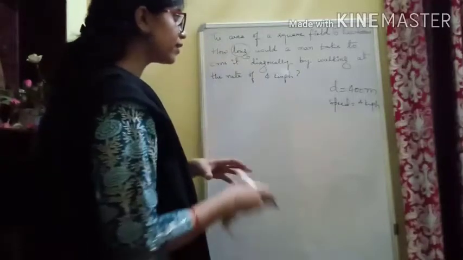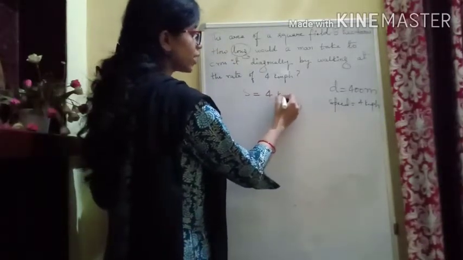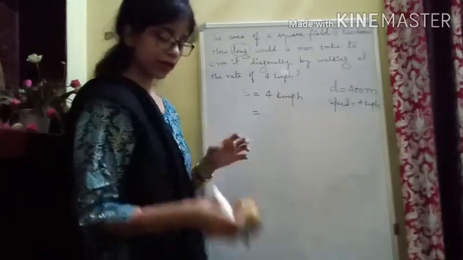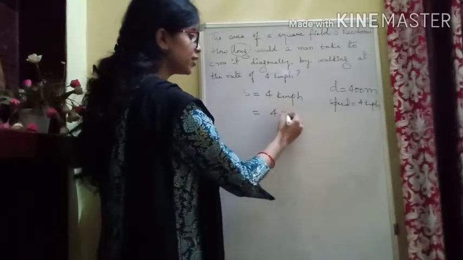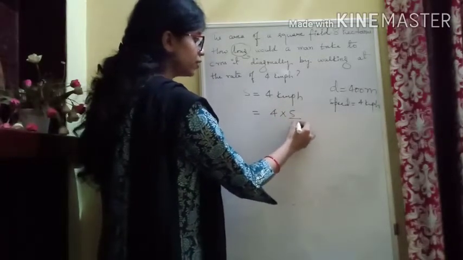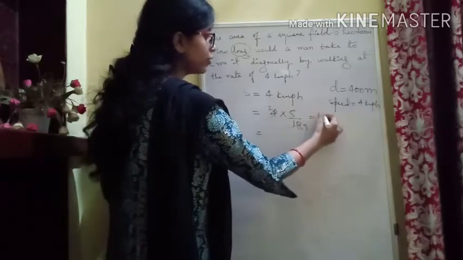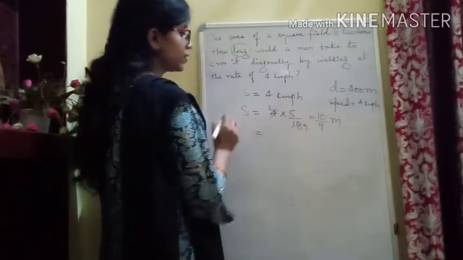So it would be better if we convert the speed, which is given 4 kmph, that is kilometer per hour. To convert kilometer per hour into meter per second, we multiply it by 5 by 18. This you have already learned. When you simplify, that will simply be 10 over 9. So the speed is coming 10 over 9.